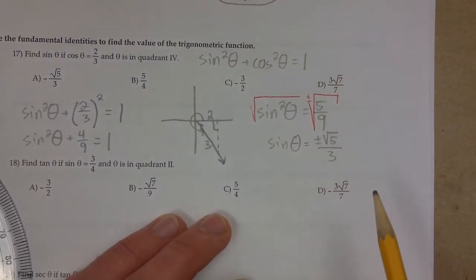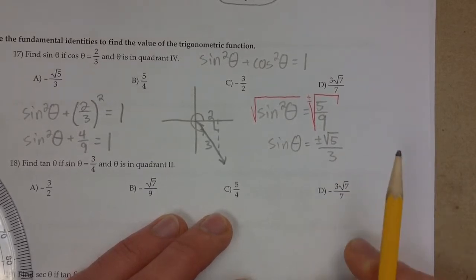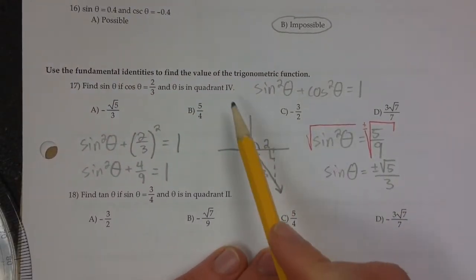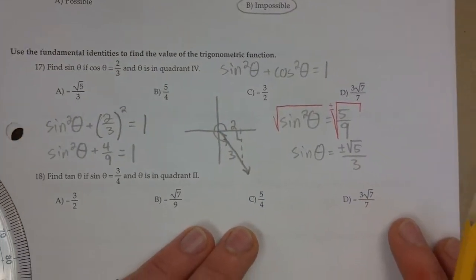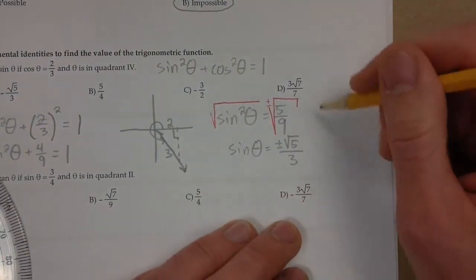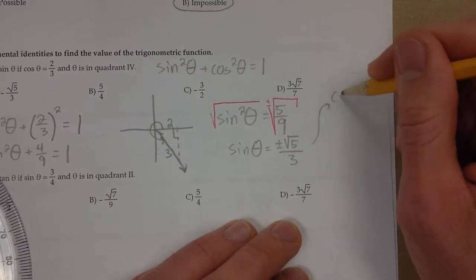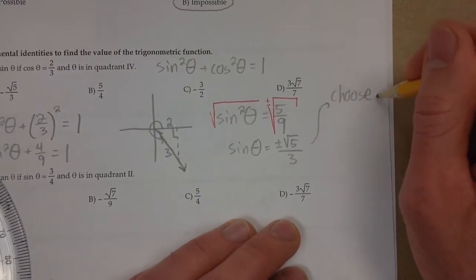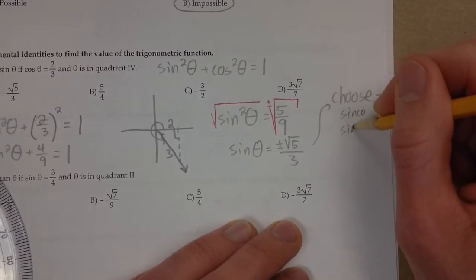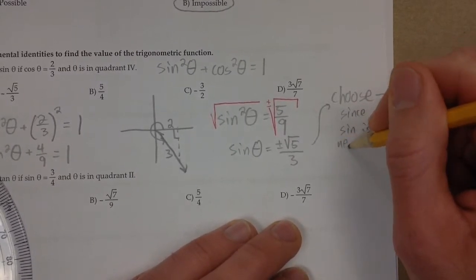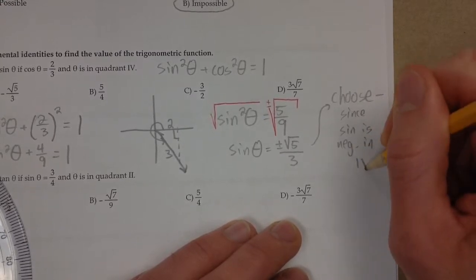Now you pick the sign based on the quadrant. You're in quad 4. Is sine positive or negative in quad 4? Negative, very good. Choose minus, since sine is negative in quad 4.